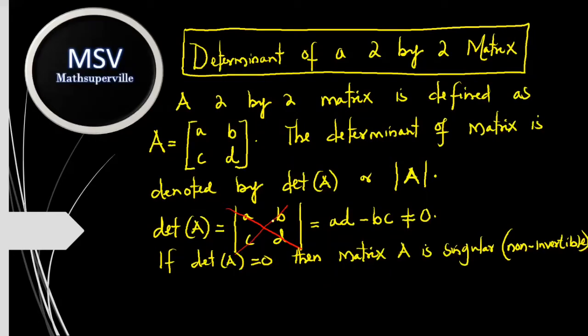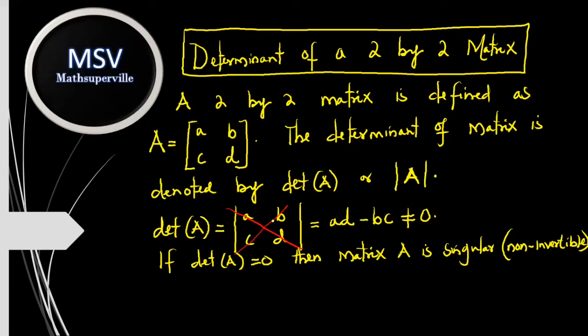We say multiply the elements from the top left corner to the bottom right corner and subtract out the elements from the bottom left corner to the top right corner. And that should give you the determinant.